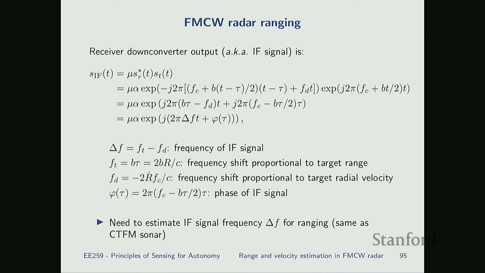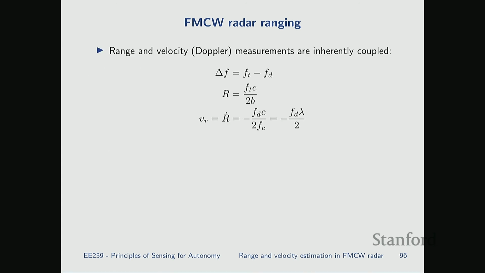Okay, and then phi of tau, for now, is just a phase term. Later it becomes very important, but this is the formula for it. There's no time t dependency in it, but it depends on tau, fc and the slew rate. Okay, it's the phase of the IF signal. So, as I said, if you look at the frequency of the IF signal coming out of the down converter, it has two terms in it, f_t for target and f_d for Doppler.